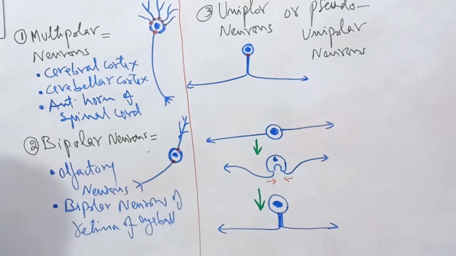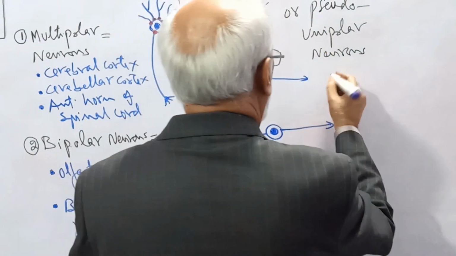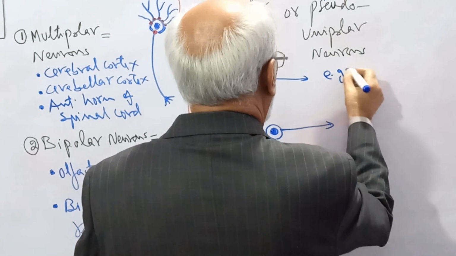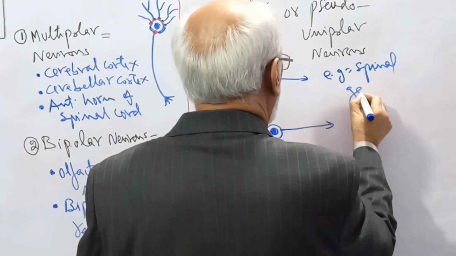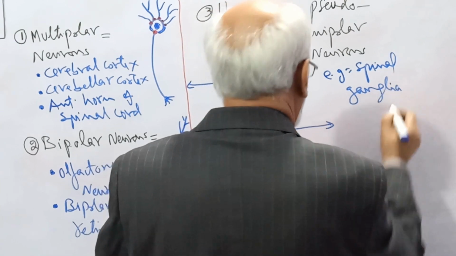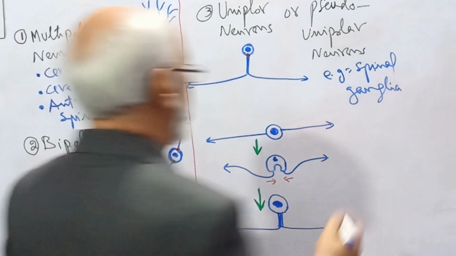These unipolar neurons are found in the spinal ganglia. Last time we discussed that the dorsal root of the spinal nerve is characterized by the presence of a ganglion known as the spinal ganglion.